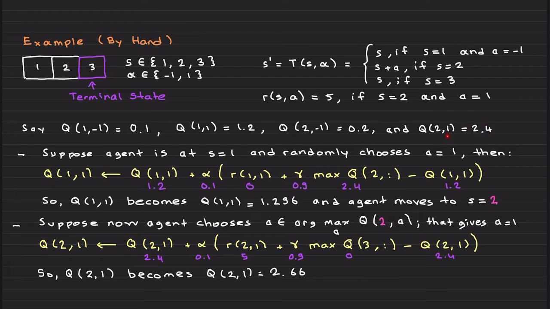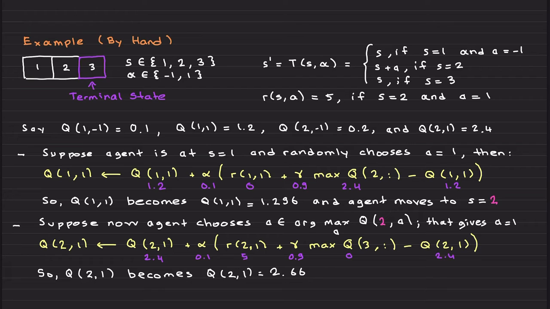So the second action maximizes this Q table. That gives me A equals 1, right? Since the second action's number is high, argmax chooses this as 1. You are going to go right.